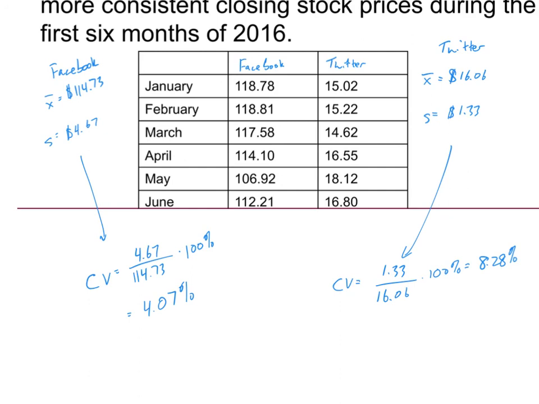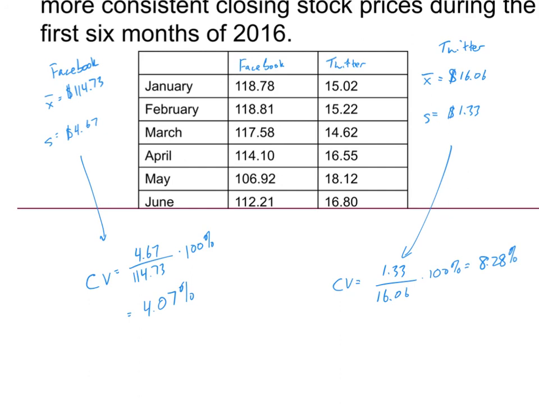So using this third measure of variability, we find that there was more relative variability for Twitter. Its price was lower and its variability was lower, but relatively it was higher. The closing prices of Facebook were higher in cost, but they were still more consistent. The mean closing price for Facebook, 114.73, is 7 times greater than Twitter's, but the standard deviation for Facebook is less than 4 times that of Twitter.